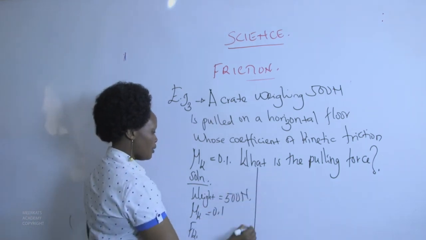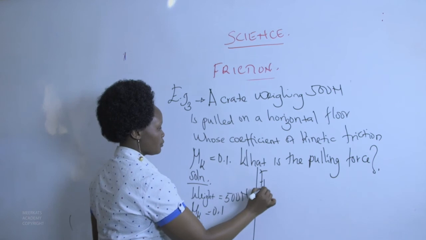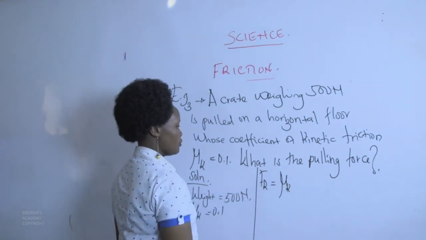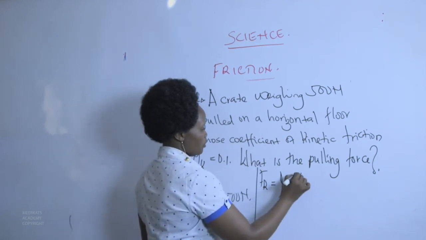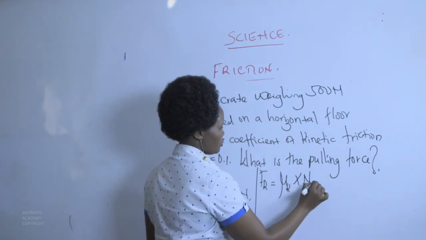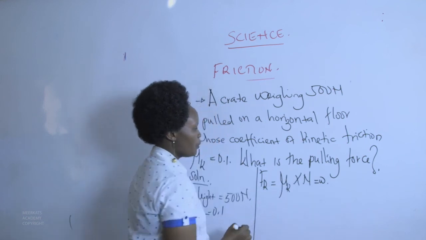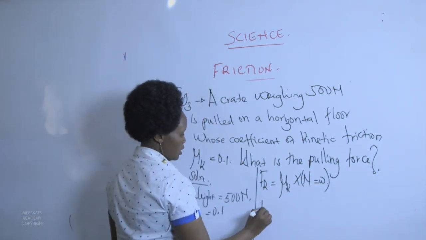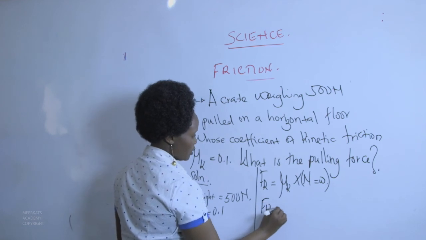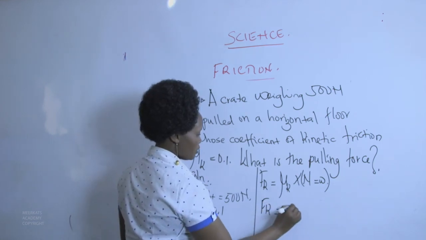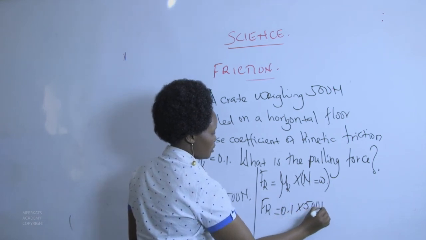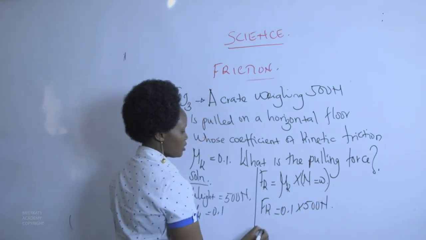And we will apply the formula, and we multiply by the normal, which is also the same as the weight. And our kinetic friction is therefore going to be given by 0.1 multiplied by 500 newtons.